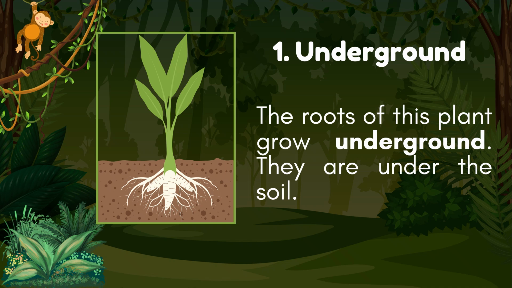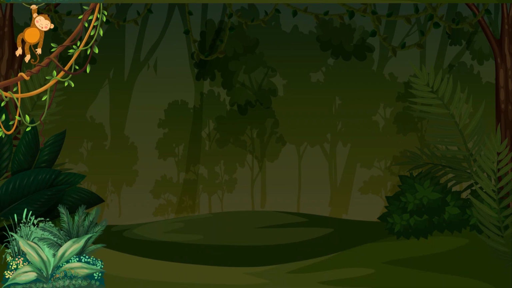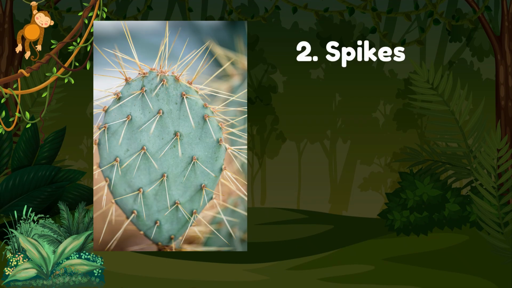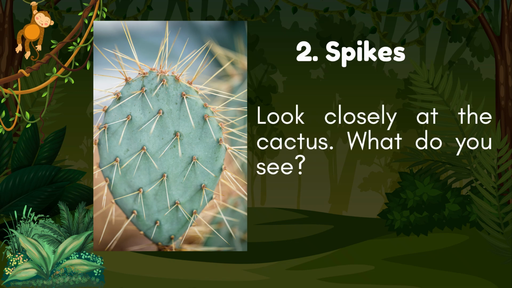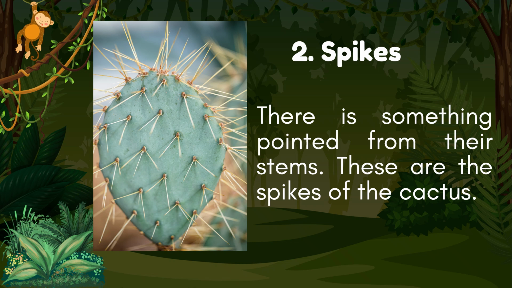They are under the soil. Now for the word spikes. Look closely at the cactus. What do you see? There is something pointed from their stem. These are the spike of the cactus.